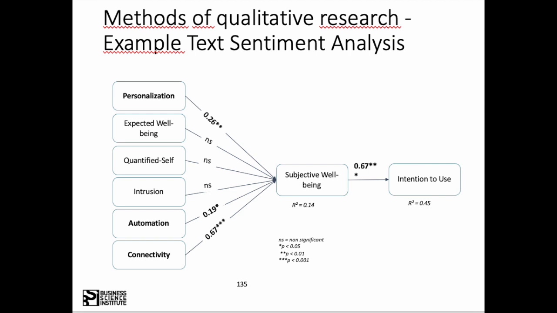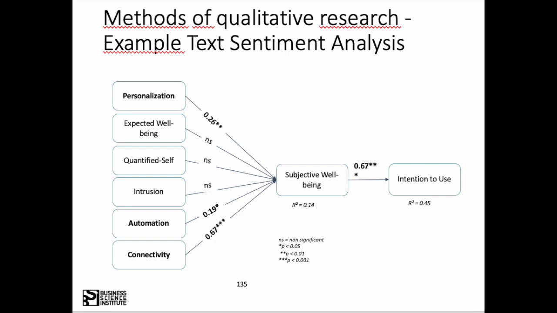And you can see here that personalization has a highly significant positive impact on subjective well-being, as well as automation, and connectivity also has a highly important impact on subjective well-being. And in turn, subjective well-being has a highly significant positive impact on intention to use the application.